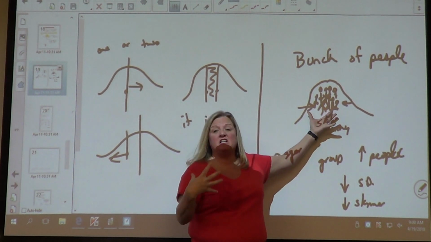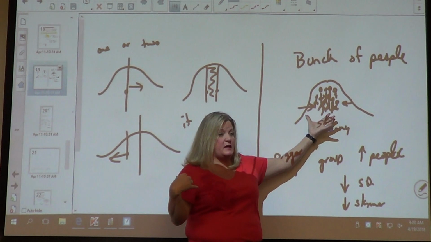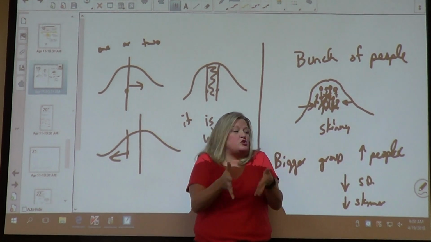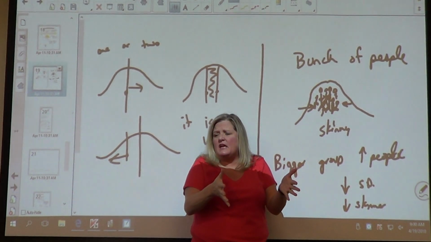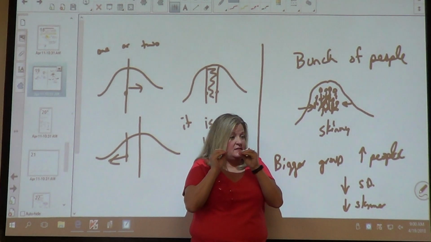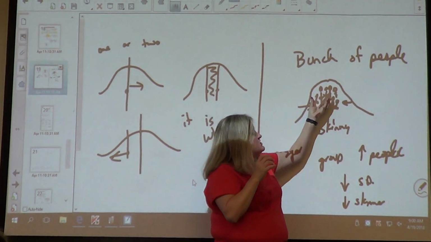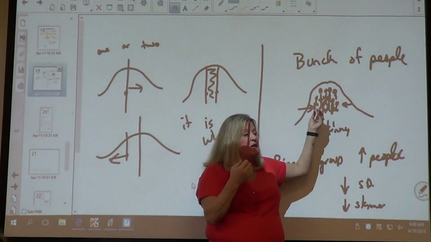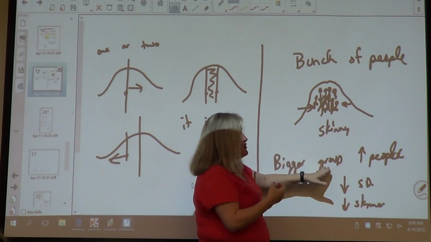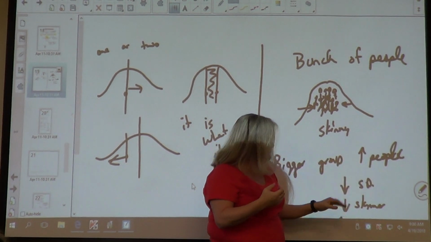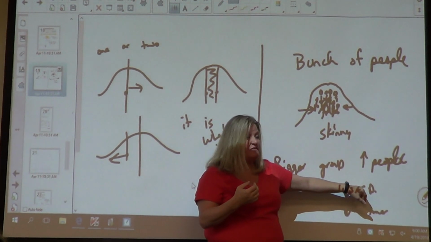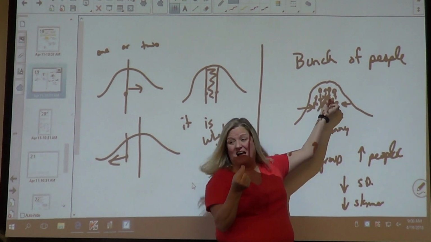But if you put a bunch of people in a picture, I love taking pictures with a bunch of people, because the photographer will say, scooch in, and I'm like, oh yeah, Madison comes stand in front of me, so that all you see is my face. So if you put a bunch of people in there, they start looking skinny. The more people you put in there, the skinnier they look. So the bigger the group, the smaller they get, and the smaller the deviation, the smaller the size.